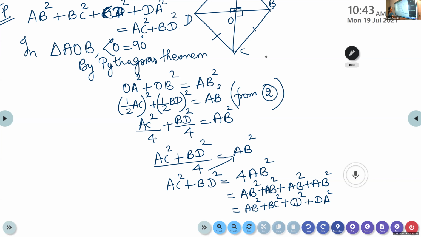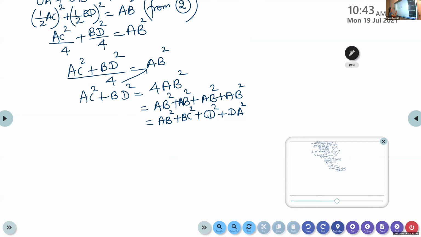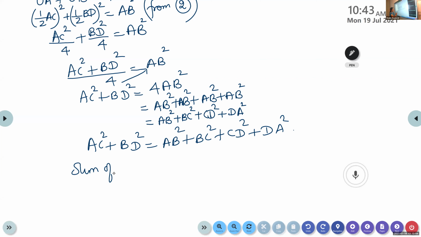So we get AC square plus BD square is equal to AB square plus BC square plus CD square plus DA square. That is the sum of squares of the sides of a rhombus.